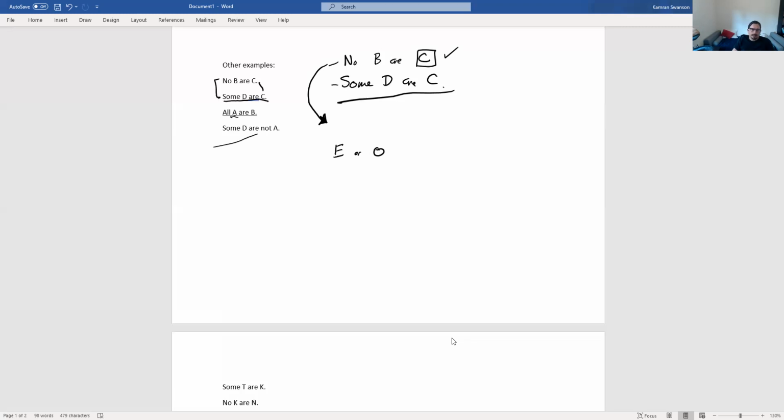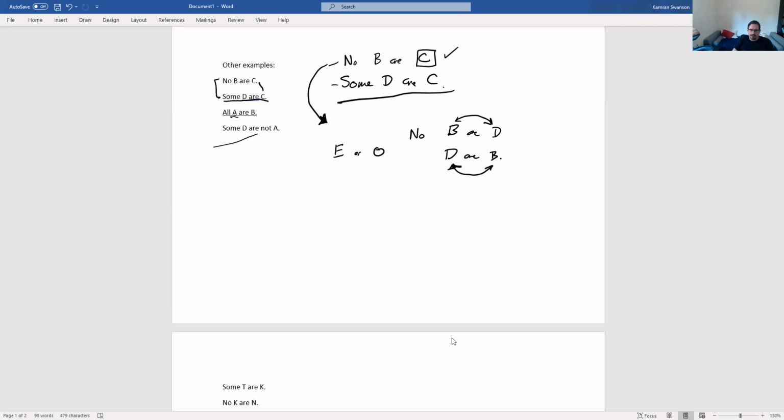Okay, so let's ask, could it be an E statement? If it's an E statement, it's going to be either no B are D, or no D are B. These are functionally the same. I think you see that by now. Because we can use conversion on E and I statements, and it doesn't change the truth value of the statement, these are essentially interchangeable locations for E's and I's, but not for A's and O's.